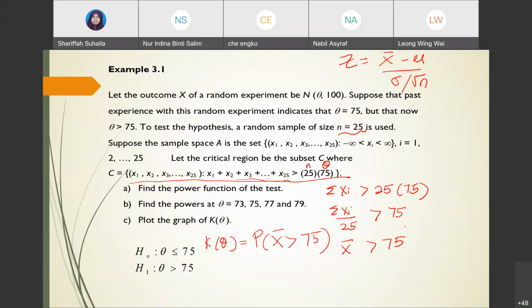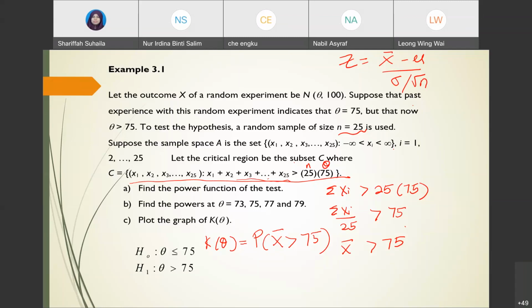Katakan kita buat sampling, kita ambil observation ni, kita compute X bar kita 79 for example. Then you reject lah kita punya null hypothesis. So itu maksudnya. Okay. So itu adalah power function of the test. Kita define dulu K theta kita adalah probability of X bar greater than 75.